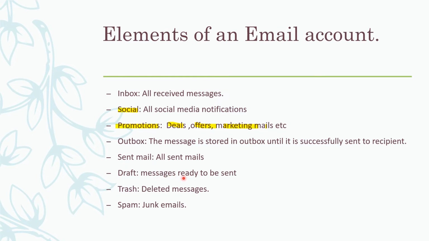If you do not want to send it right now, then it will be stored in draft till you are ready to click on send. But here you have already clicked on send, and the message is stored in outbox until it is successfully sent to the recipient. Sent mail: all the sent mails appear over here, and then comes the trash.